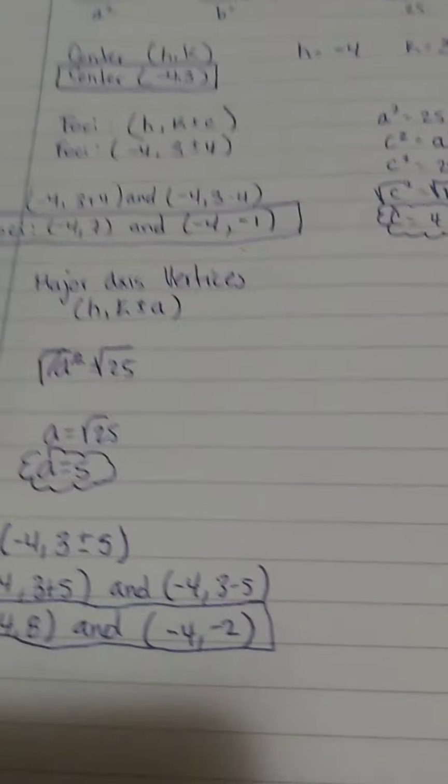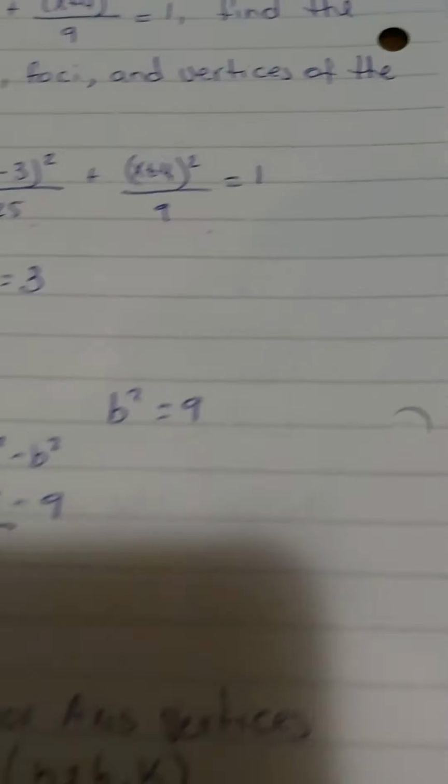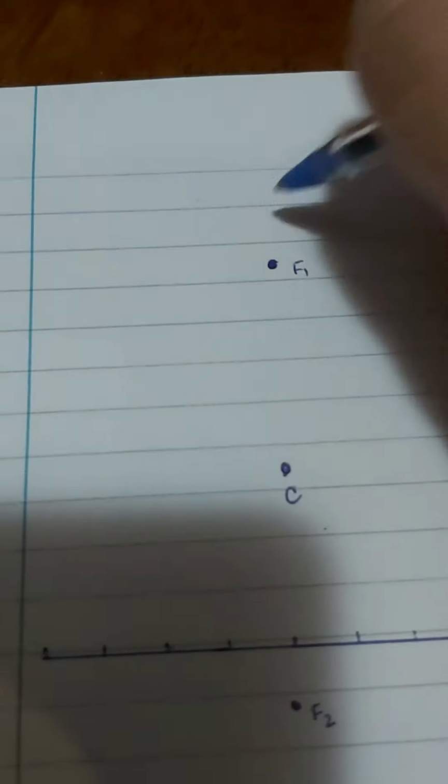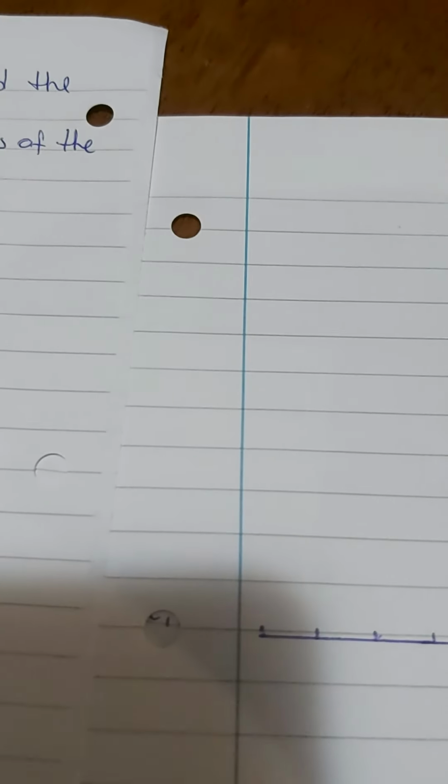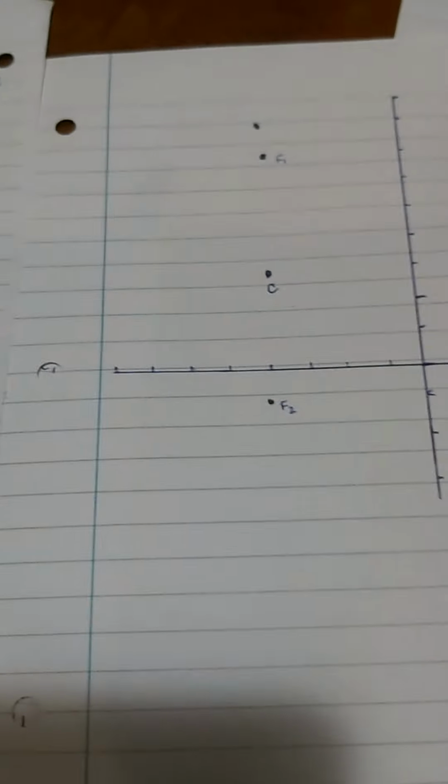Now, the major axis vertices are (-4, 8), which will be right over here, and (-4, -2).